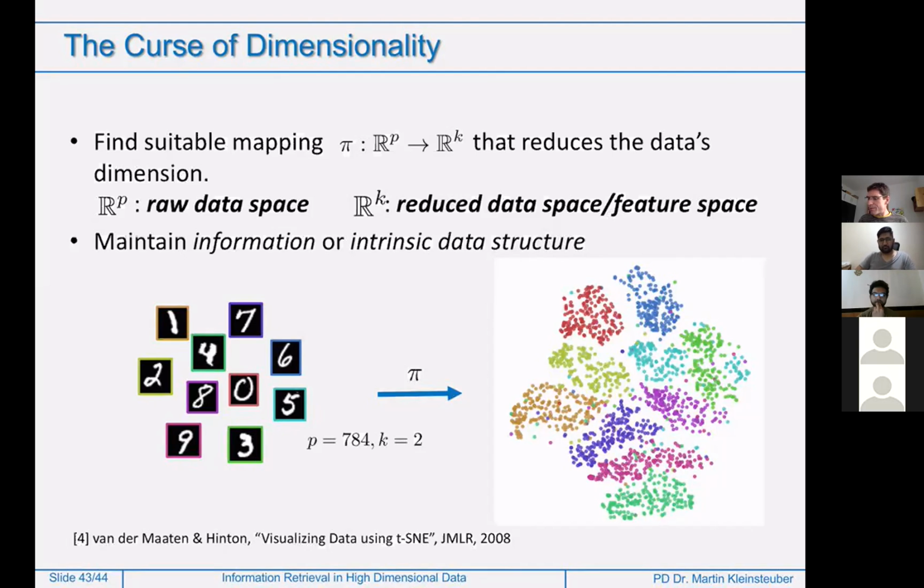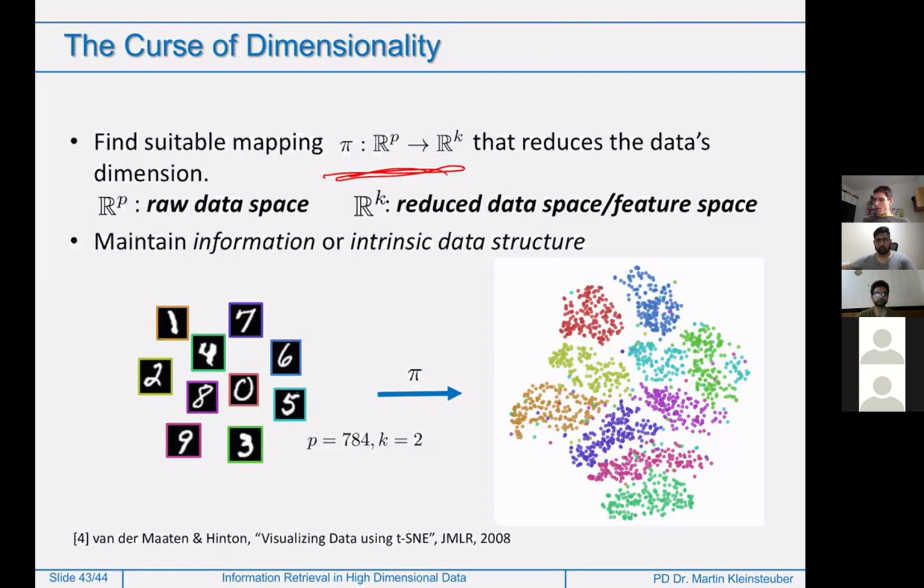So this suitable mapping that reduces our dimension from R^p to R^k is what we are looking for. In this course, we talk about R^p as a raw data space and R^k as a reduced data space, or also sometimes called a feature space. And if we can meaningfully reduce the dimension without destroying information, then this is actually what machine learning is about.